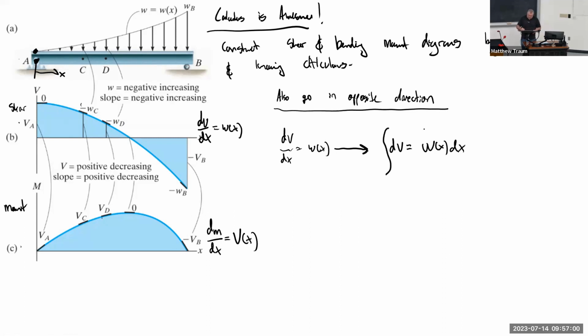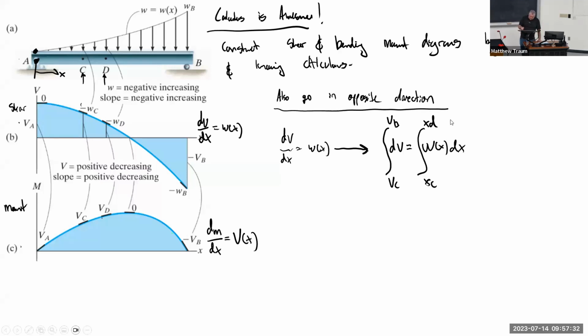This is like engineering calculus, and I do an integration where I'm integrating on the left side from V_C to V_B. What does that mean? Well, C is this spot and B is that spot. So I'm just integrating the shear from that spot to that spot. And on the other side of my equation, I'm integrating this loading function from C to D, so this is going to be x_C to x_D.